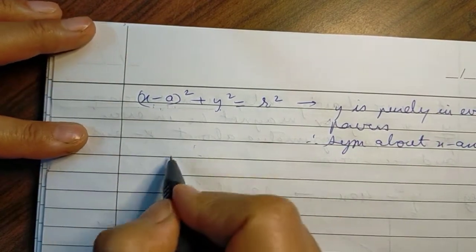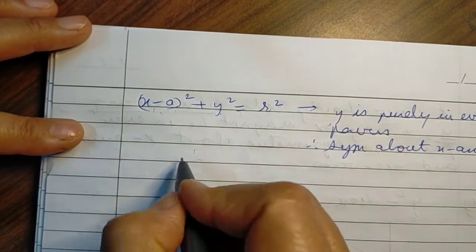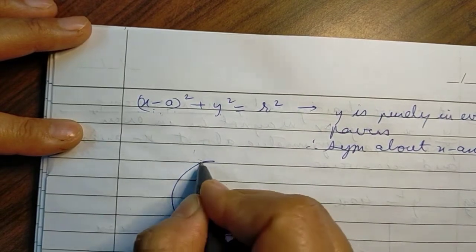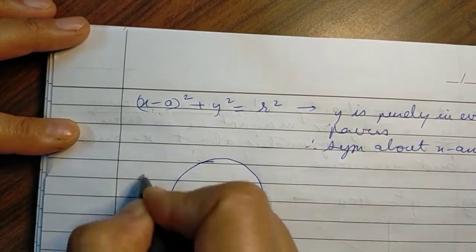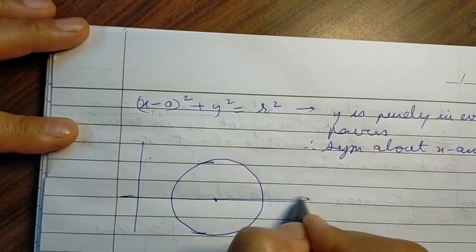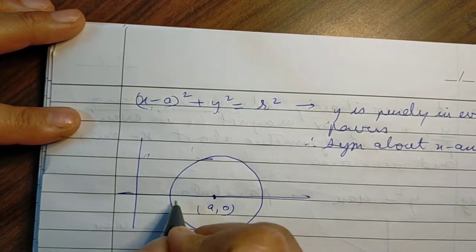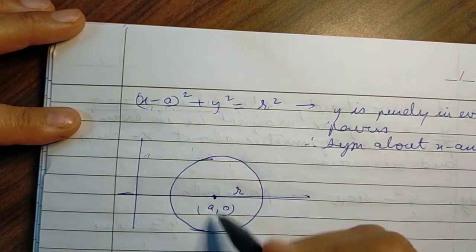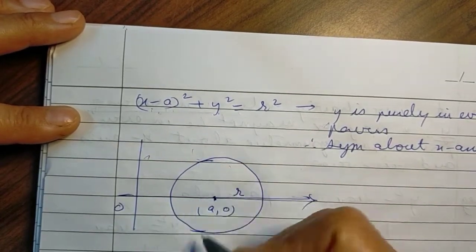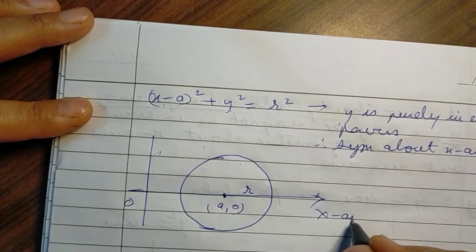And when you actually plot this, you get a circle having center at (a, 0) and radius r units. So clearly there is symmetry about the x-axis.